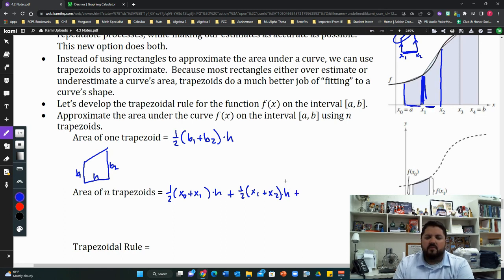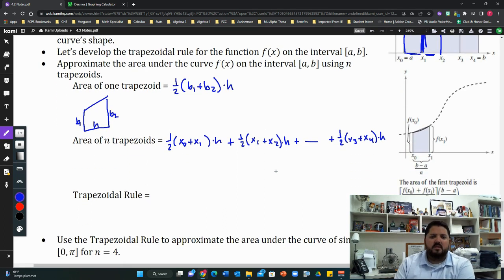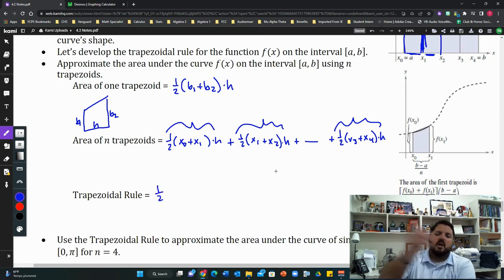And then we'll do it again for the third one and so on, but at the very end, in this case, we would have 1/2 times x sub 3 plus x sub 4 times that same height. So we really could just repeat that process over and over again. But if you notice, a couple of things are in common in each one of these sets. Each one has a 1/2 out in front, which, just like with the rectangle rule, when there's something in common, we can pull that out in front to speed up the evaluation.